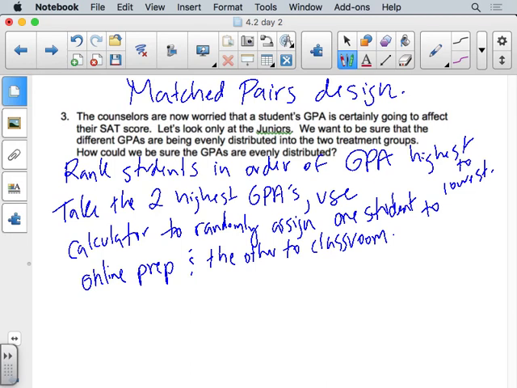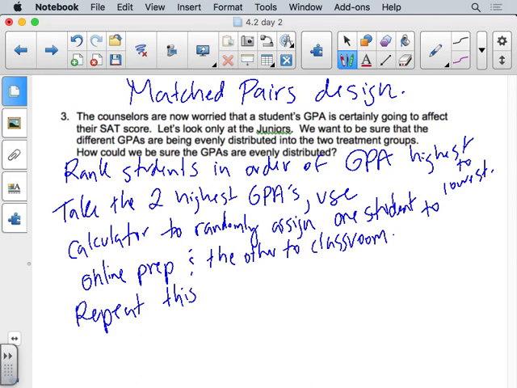Okay, so I do that for the top 2 highest GPAs. I do it for the next 2, the next 2, the next 2, all the way until the bottom 2 GPAs. And then hopefully that just splits everybody together nice and evenly. So both the groups are really split up. So I'll say repeat this for the next 2 GPAs until you run out of juniors.